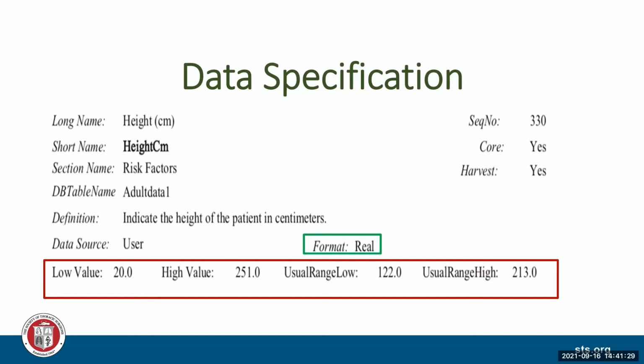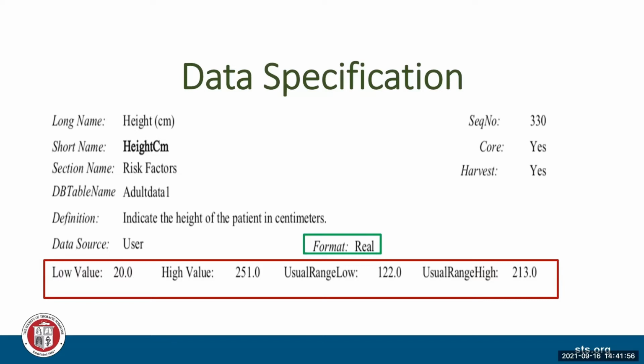The high value is 251. So what does that mean? Well, that means if you have somebody taller than 251 centimeters, you're only going to be able to enter 251 centimeters into the database. Because the high value is 251, it won't let you enter anything above 251.